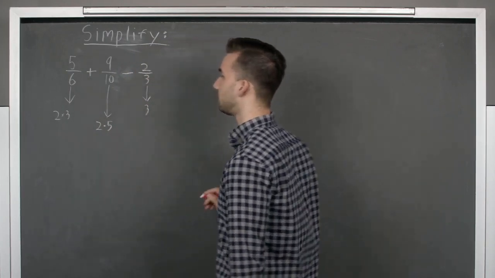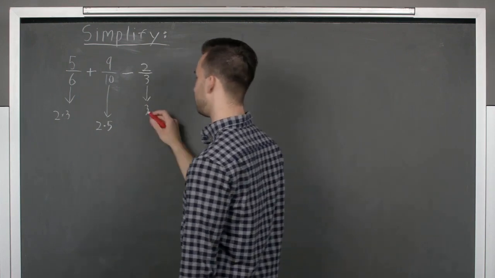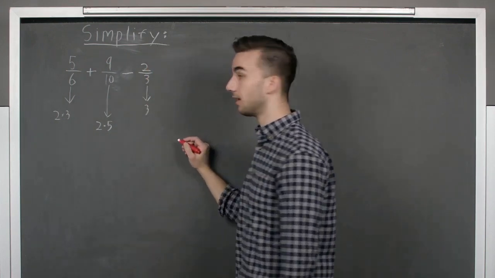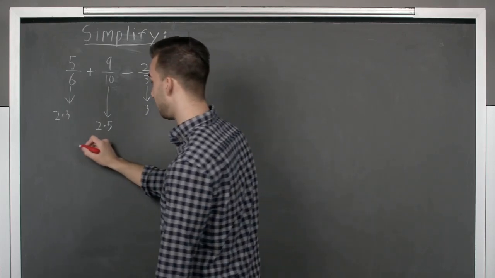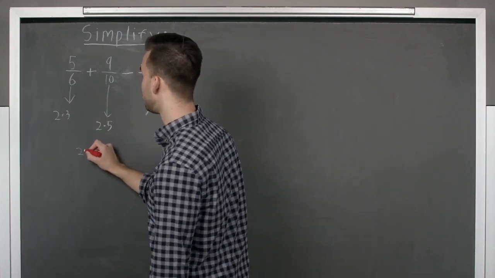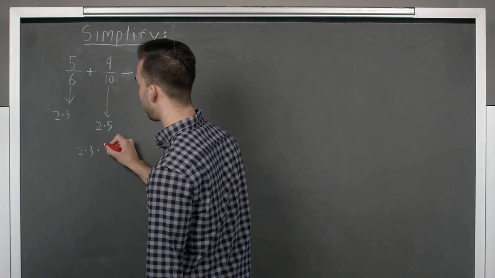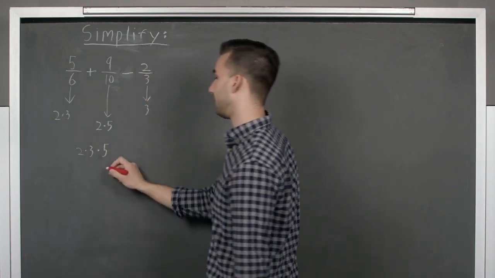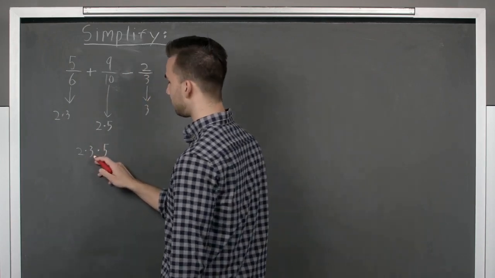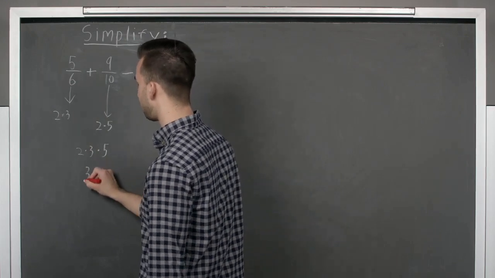So to find the least common denominator, we just need to take the highest exponent of each unique factor. Gives us 2 times 3 times 5. And that gives us 2 times 3 is 6. 6 times 5 is 30.